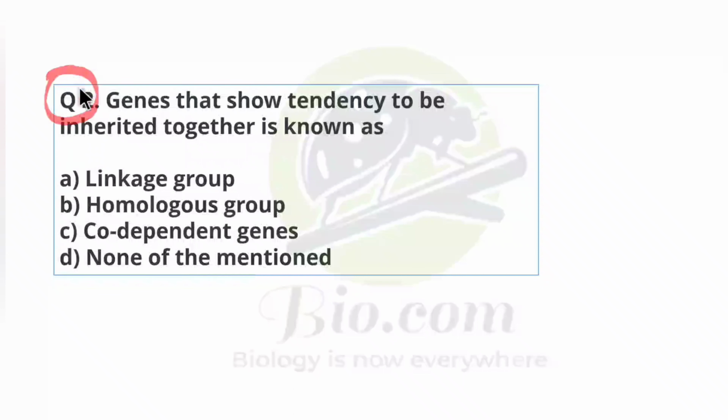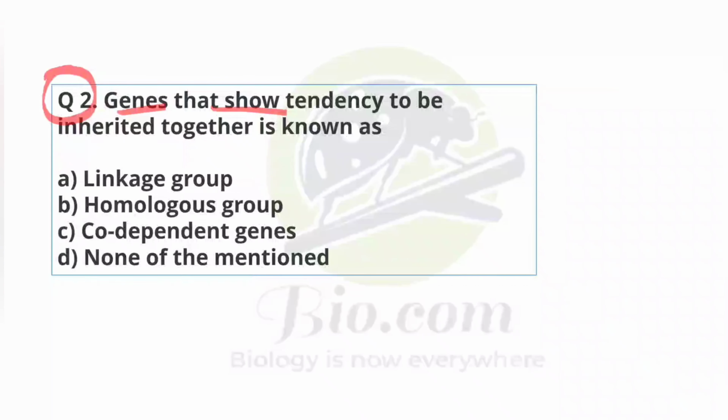Now question 2: genes that show tendency to be inherited together are known as. The genes that show a tendency to inherit together are known as a linkage group.